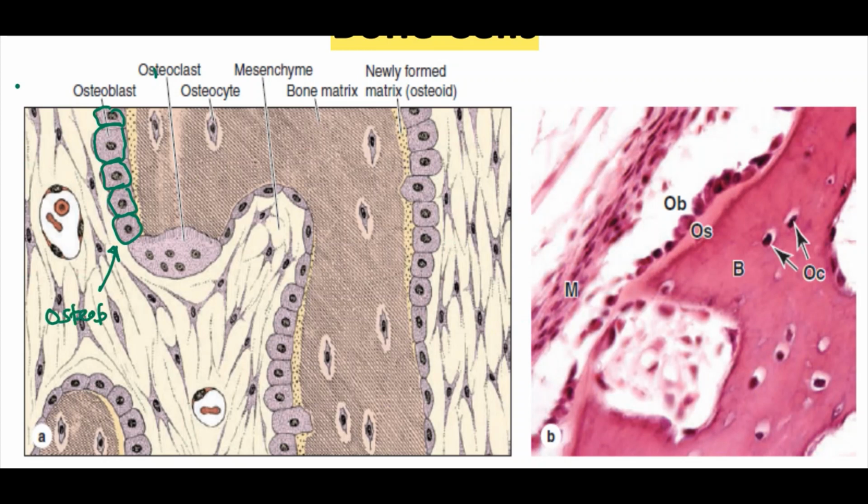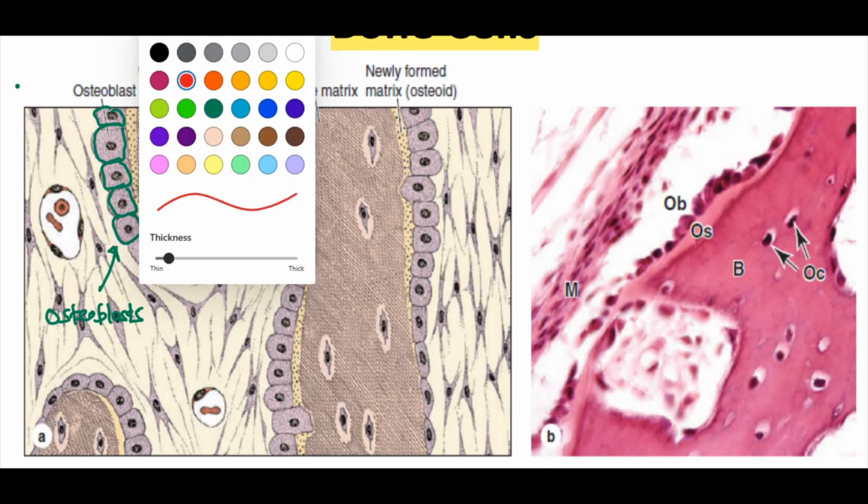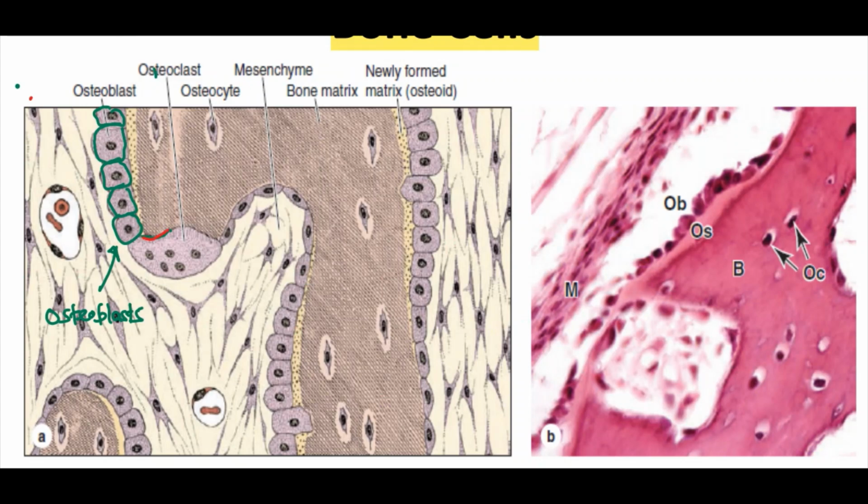These are osteoblasts. And then this giant cell here that has multiple nuclei: one nucleus, 2, 3, 4, 5. This one here is an osteoclast.